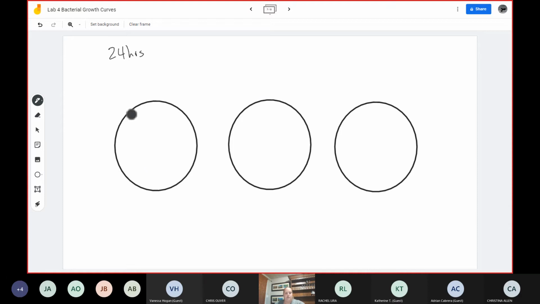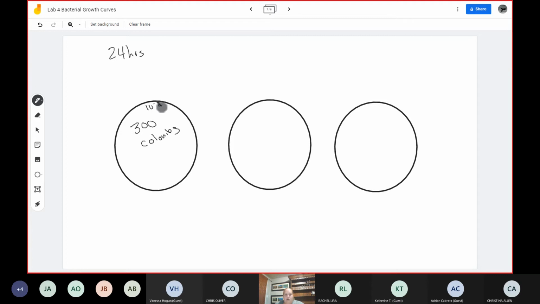On our first plate, and this is completely hypothetical, if we had 300 bacterial colonies, what would we expect to see on our second plate? We would expect that there's 10 times less bacteria in our second tube than in our 10 to the minus 1 tube.